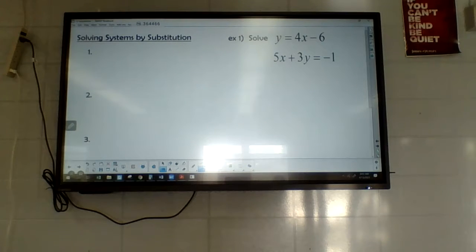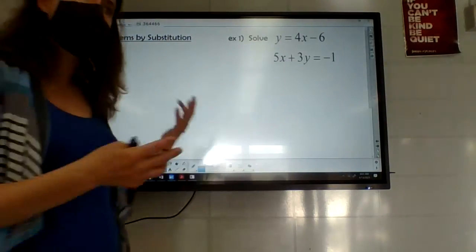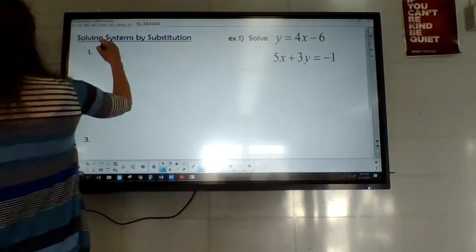So when we're doing this method, we want to have at least one variable alone in one of the equations. So that's what we're going to write first.